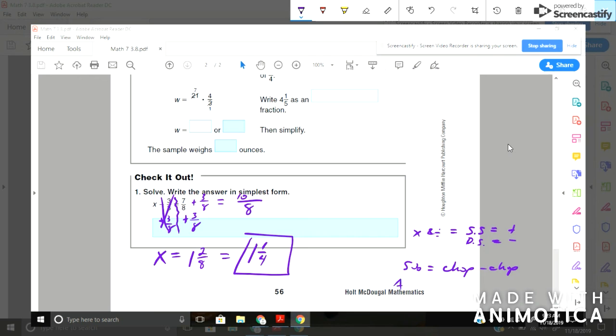And for adding, the rule was same sign, add, and keep the sign, and different sign, find the difference. In other words, subtract them and take the sign of the number that has the greater absolute value, whether that's a negative or a positive.